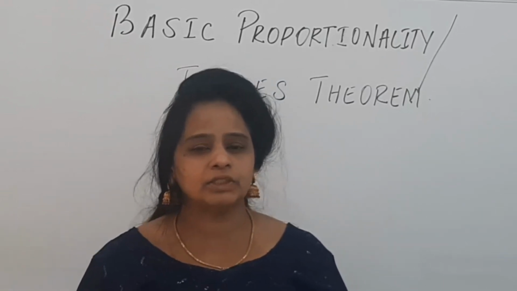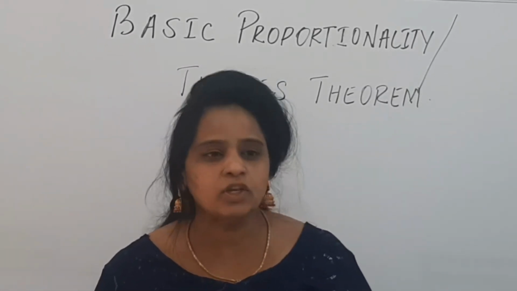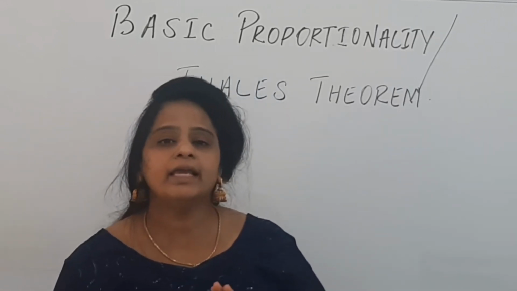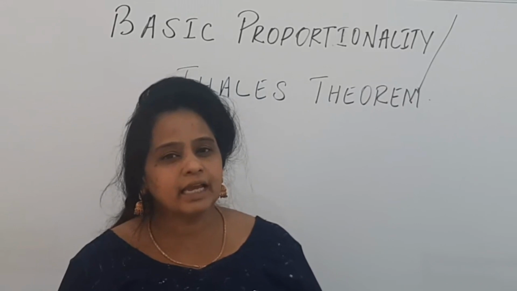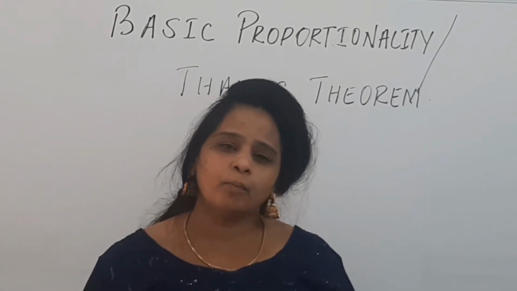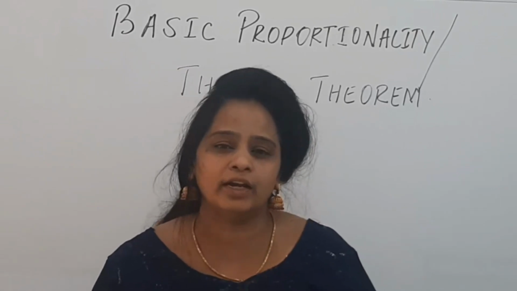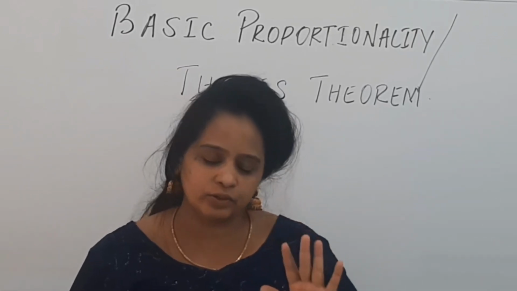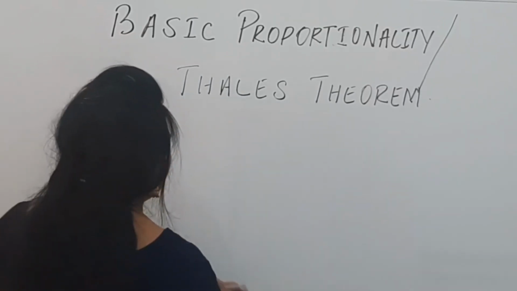You must have heard the term equilateral triangle. That means all the sides are equal in length, then we say that it is an equilateral triangle. The property of an equilateral triangle is that the angles are also equal. Each angle is equal to 60 degrees.